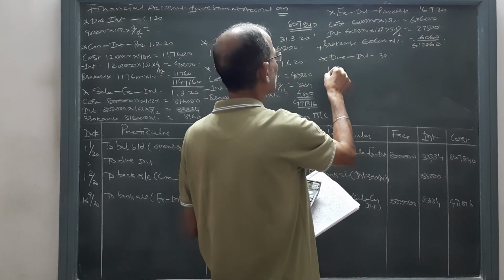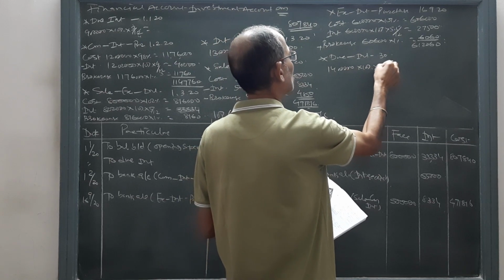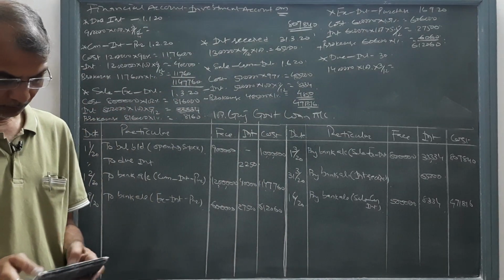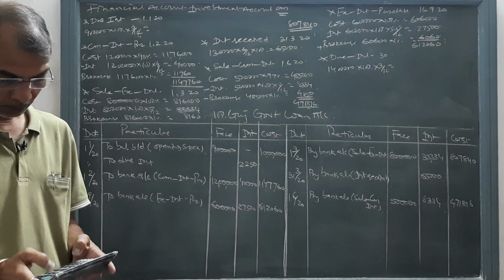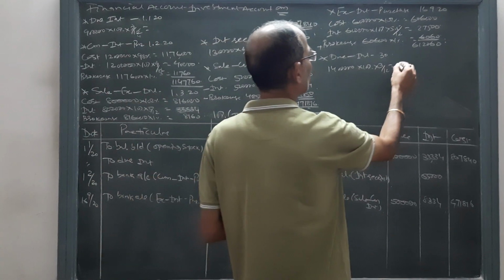So on 14 lakh, 10%, 3 months, that is 35,000.